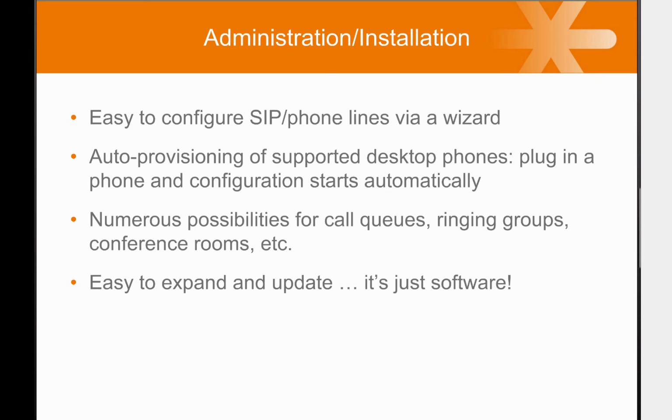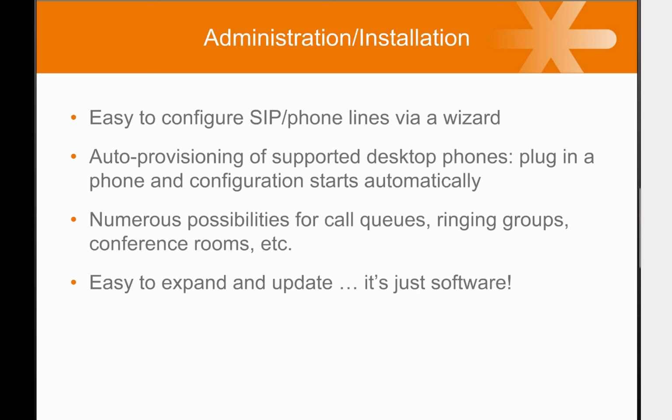You have numerous business functionalities like call queues, ringing groups, conference rooms. So call queues, for example, means when somebody is calling you, you can establish and configure something like, if you press 1, you will be connected to our sales department. If you press 2, you will be connected to our support department. This all is possible with Kerio Operator at no extra cost.